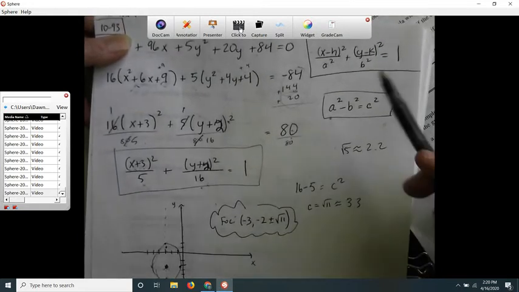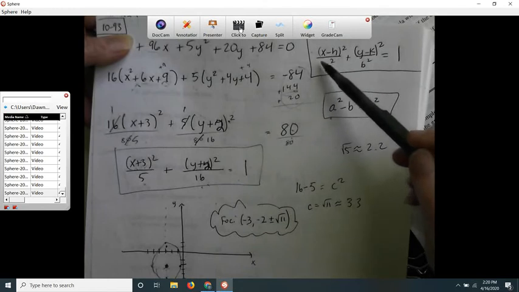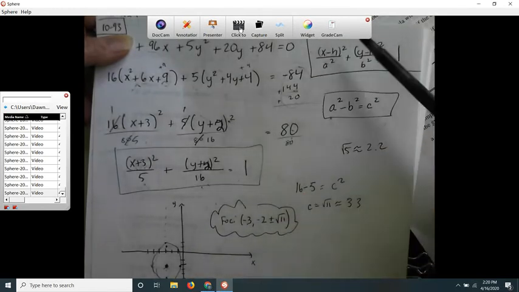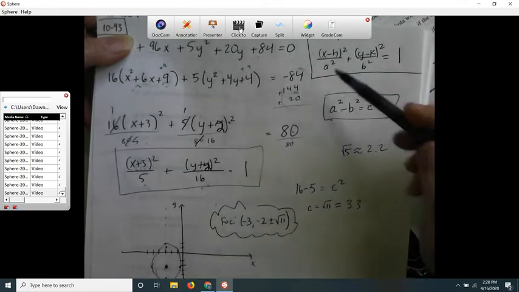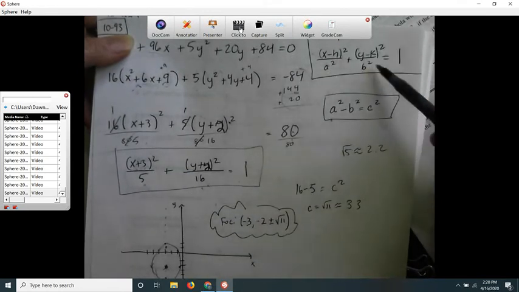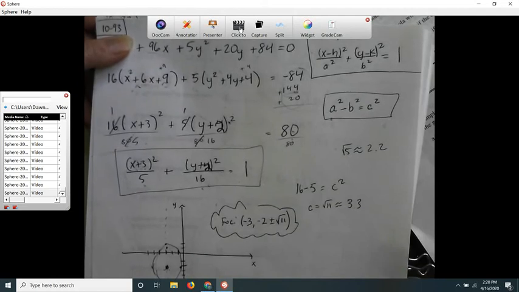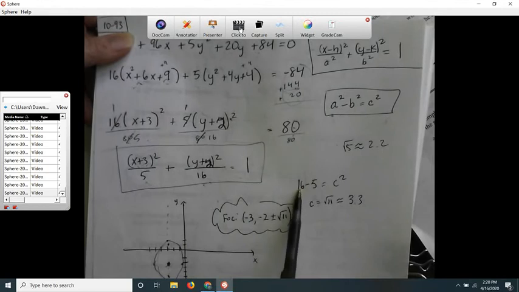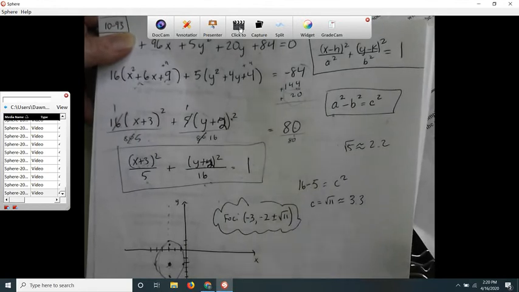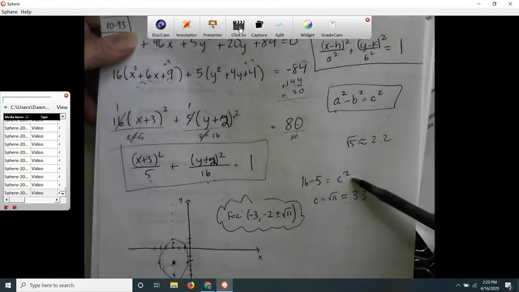So since the smaller number was under x, we would call this variable b, and we would call this a. Okay, I mean, it works out. Just keep it straight in your head that you have to subtract the smaller number from the larger number. That's equal to c squared.